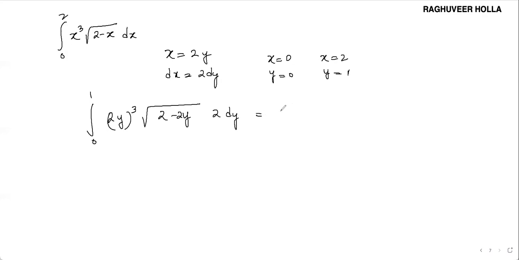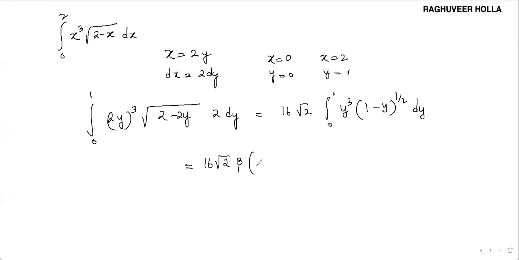This is equal to 16 root 2 times the integral from 0 to 1 of y cube (1 minus y) to the power of half dy, which is equal to 16 root 2 beta of 4 comma 3 by 2.